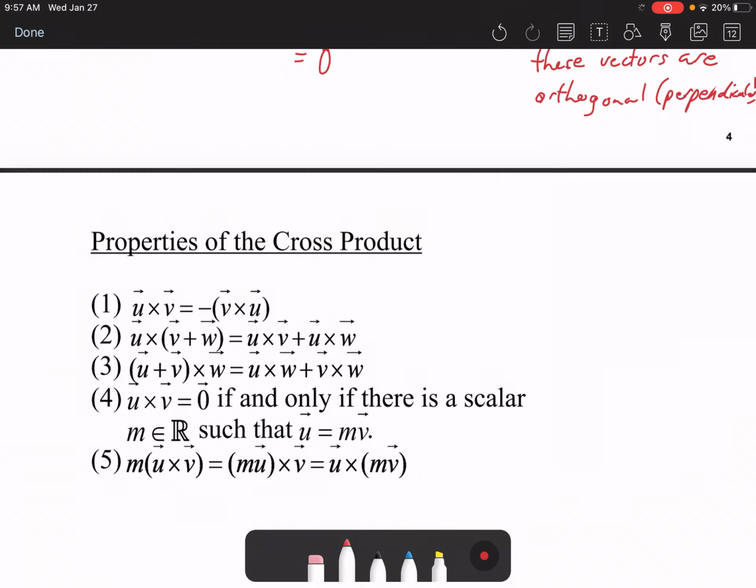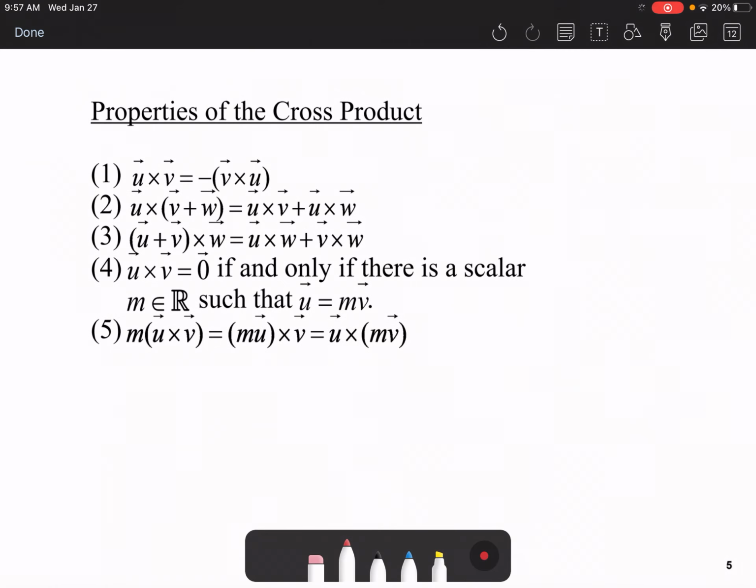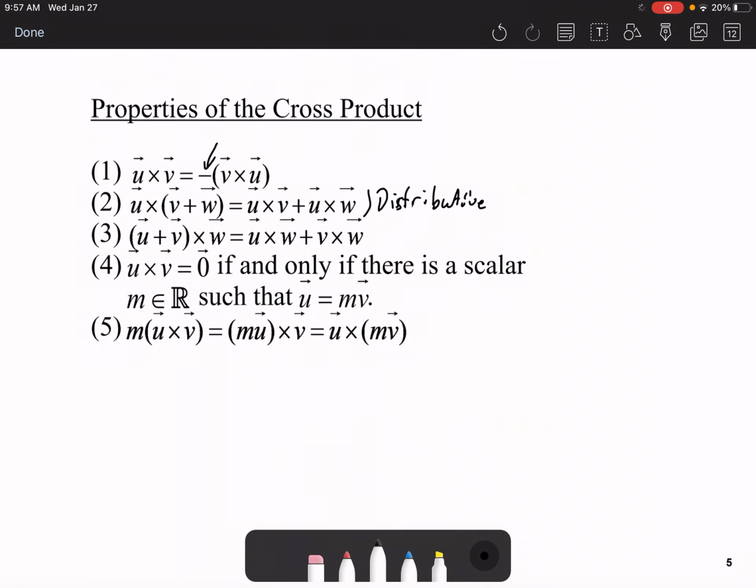Okay. So some properties of the cross product. If you work out u cross v, it's actually equal to the negative of v cross u. U cross v plus w does show a distributive property. Also, u plus v cross w shows also a distributive property.